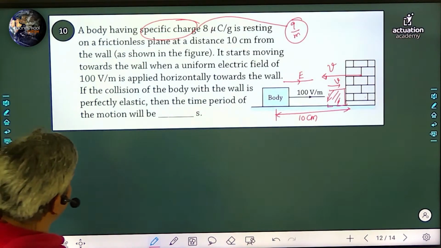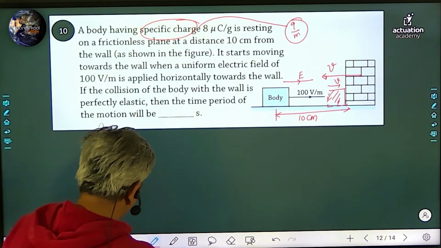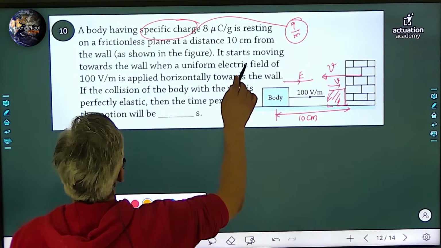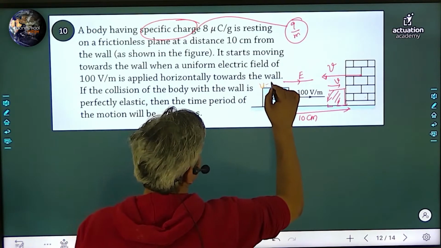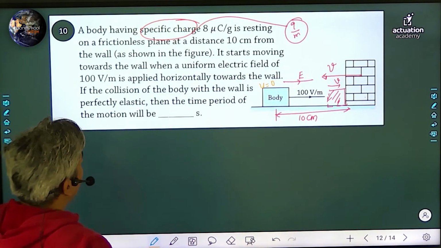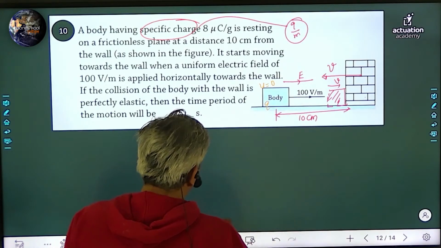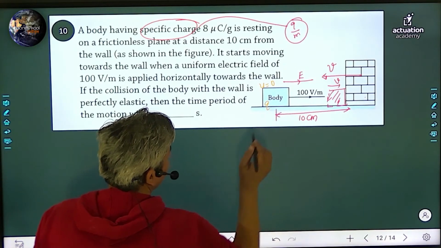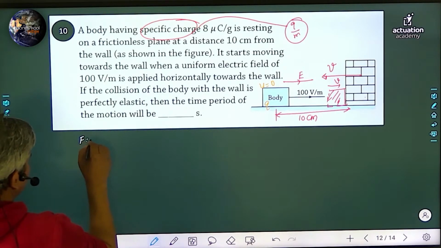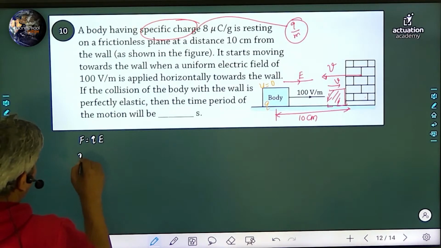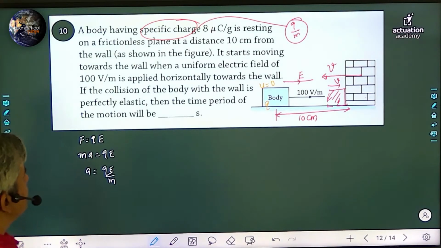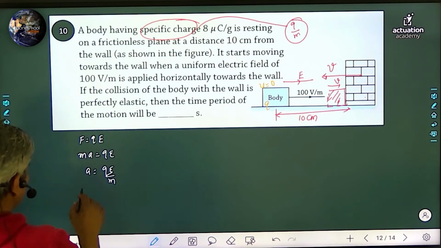Then the time period of this motion will be... Because it is at rest initially, u is 0, and let's say the charge on the body is q, so the force can be written as F is equal to QE, and F can be written as ma, so the acceleration a of the body is QE by m. This is the acceleration.